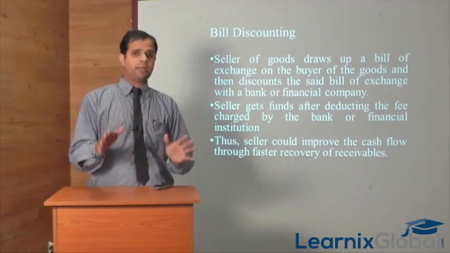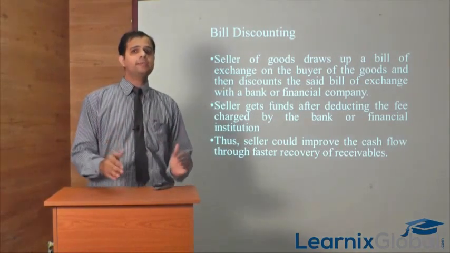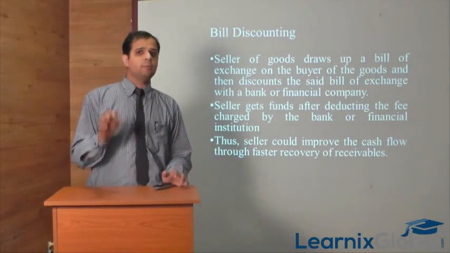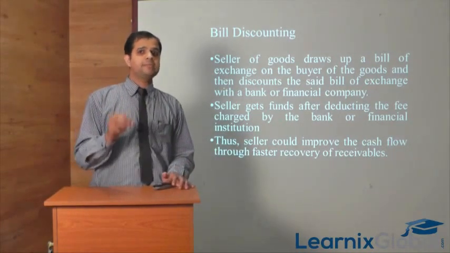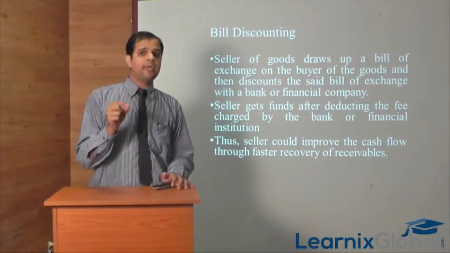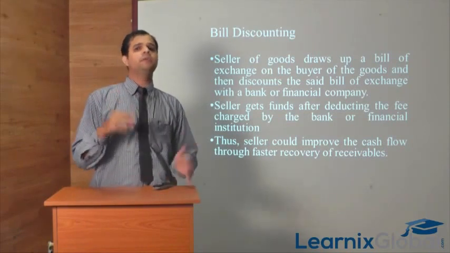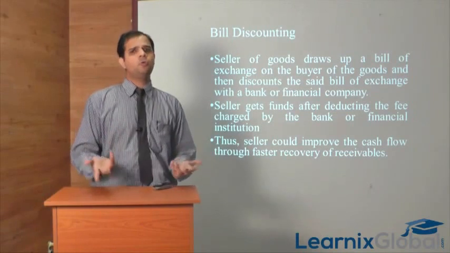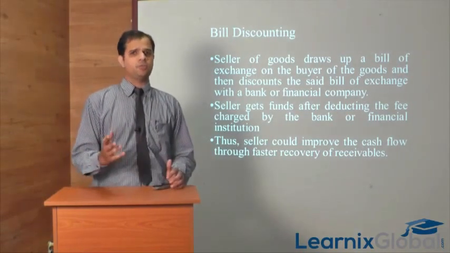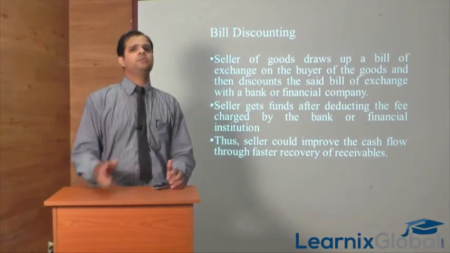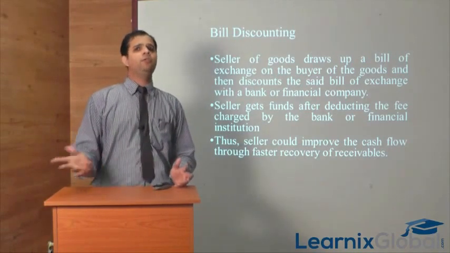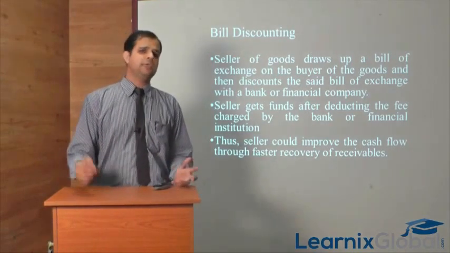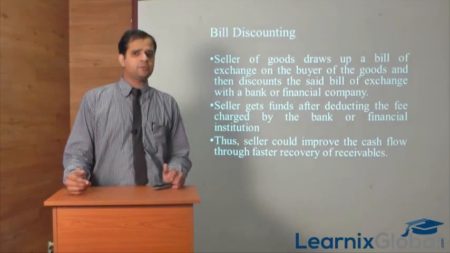So what I am trying to say is, bill discounting is good, provided the seller is able to get a good value. If the future value is not so attractive, then there is no point in going for all these issues. The bill invoice is, say for example, 20,000 rupees and your commission itself comes to say 800 or 900 rupees.